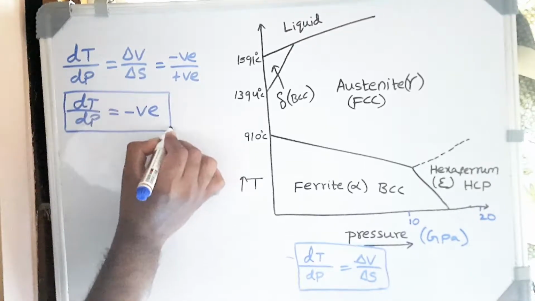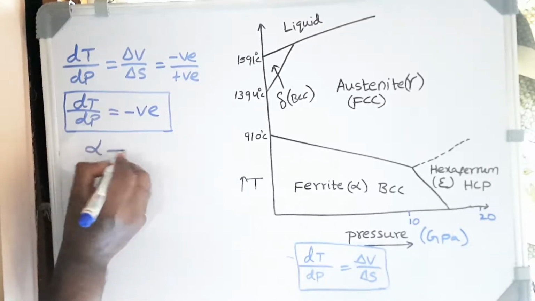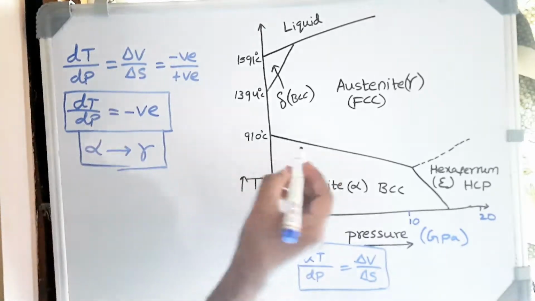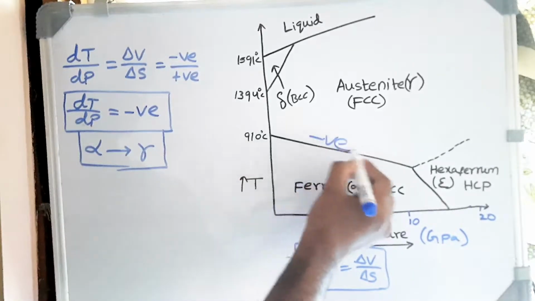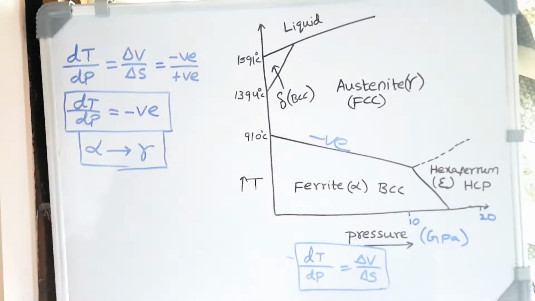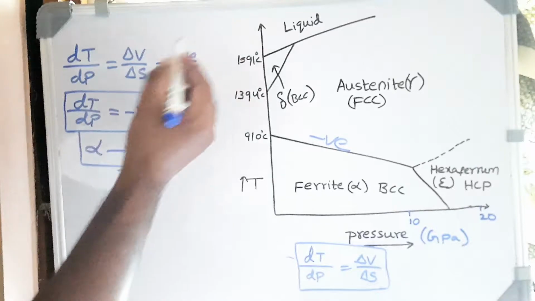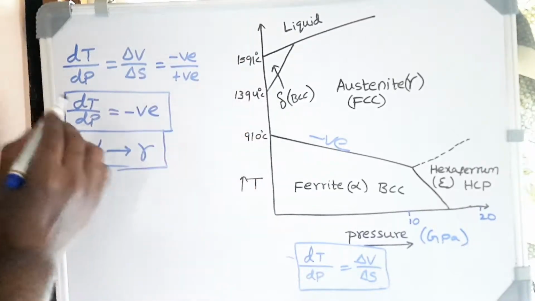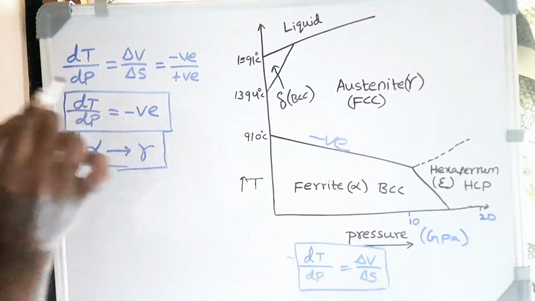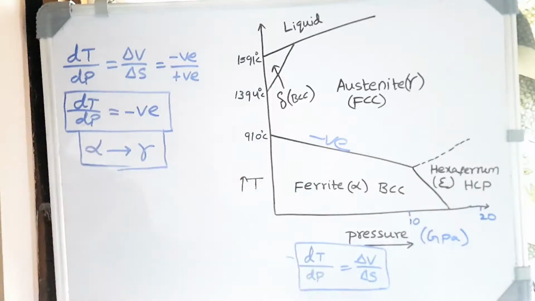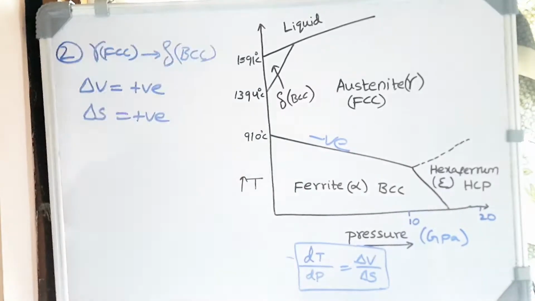This means that for the transformation of alpha to gamma, the slope of this curve is negative. We can see its slope is negative. For the same, if we consider gamma to BCC, delta V is positive and delta S is negative. Either way, the change of transformation temperature with pressure is negative. So in our phase diagram, this curve has a negative slope because of the Clausius-Clapeyron equation.